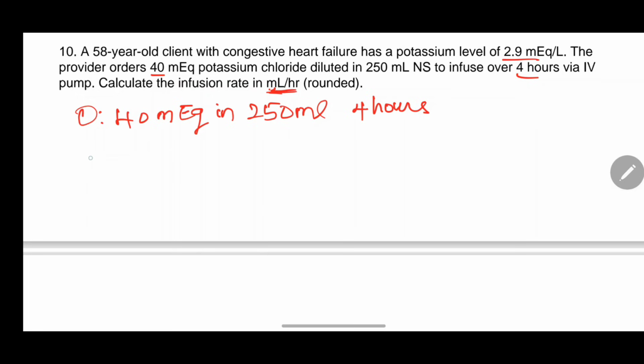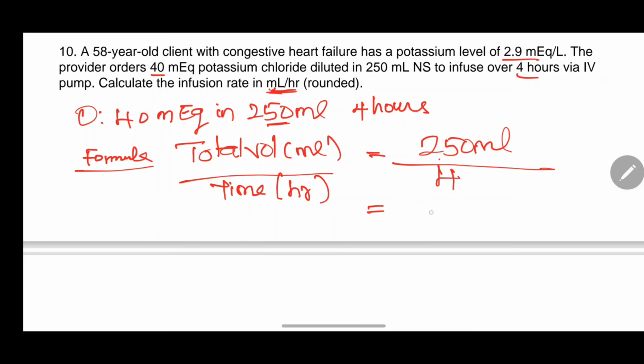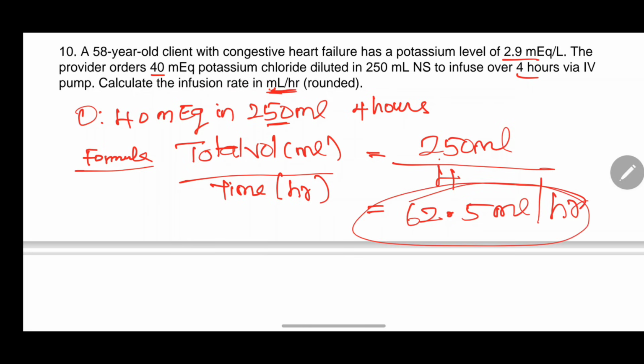So here the formula is total volume in ml divided by time in hour. So total volume in ml is 250 ml, right? This ml we have to infuse to the patient. Time is 4 hours. So the answer is 62.5 ml per hour. Okay.